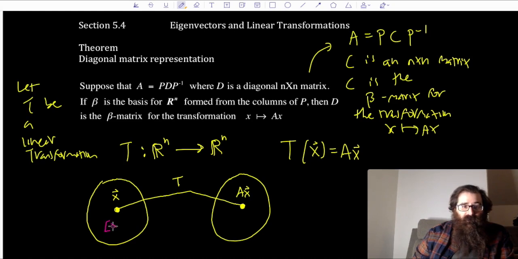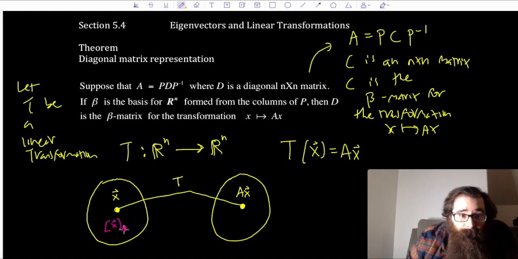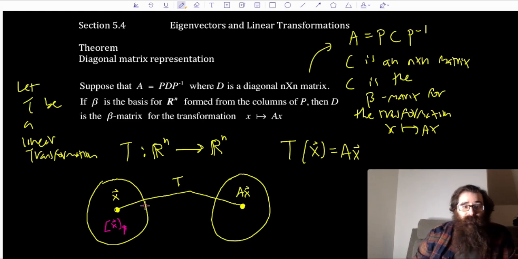So this could be x still represented, but now in terms of basis beta, so x sub beta, and it's still the same vector, right? I'm just not describing it in terms of a standard basis. I'm describing it in terms of a non-standard basis.